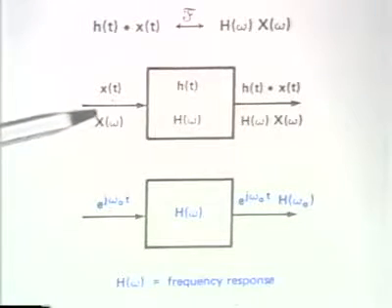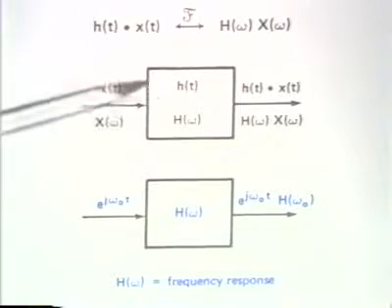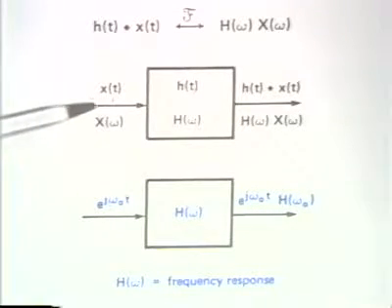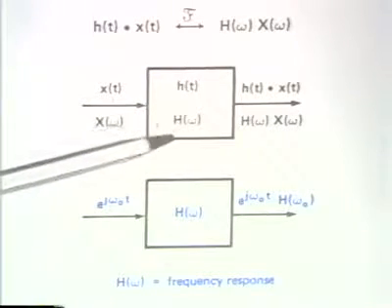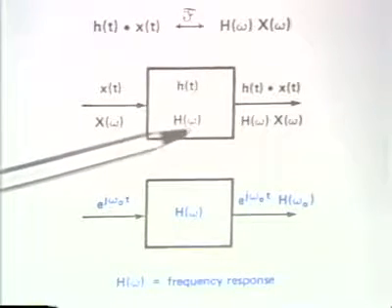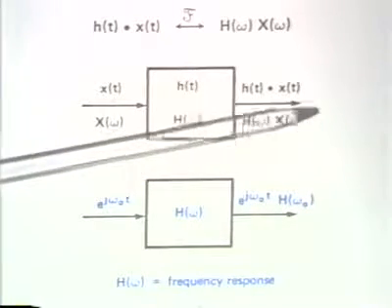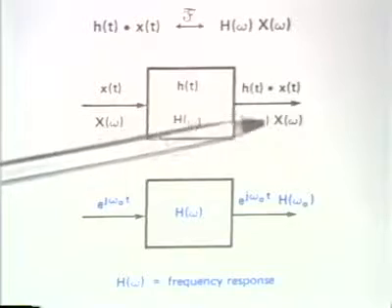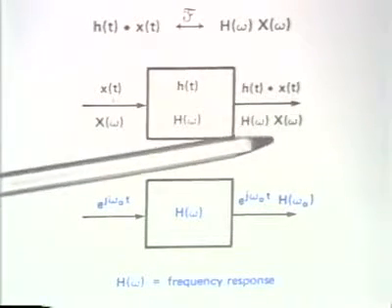Well, as this signal goes through this linear time invariant system, each of those exponentials gets multiplied by the frequency response at the associated frequency. What comes out is the amplitude of the complex exponentials that are used to build the output.